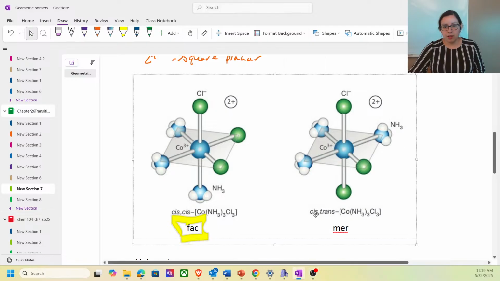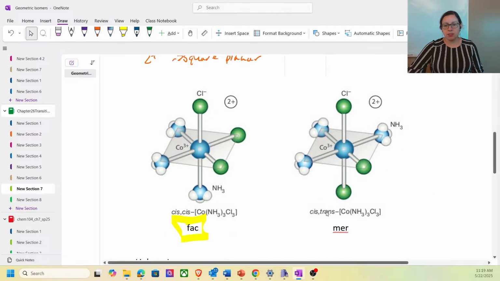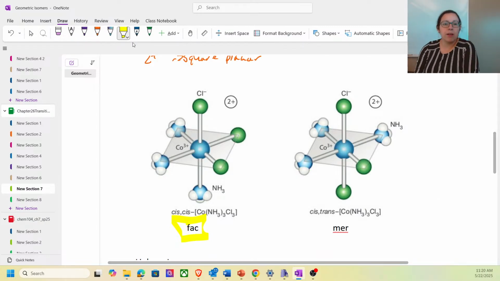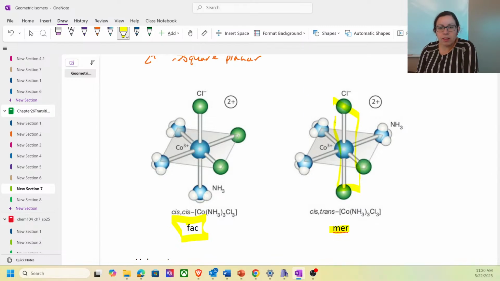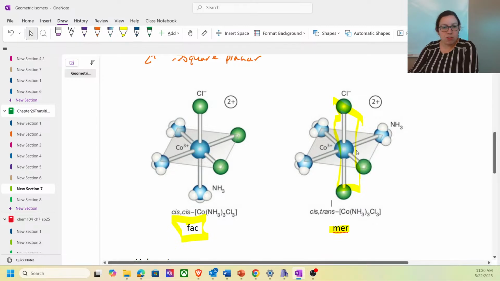Your book refers to it as a cis-trans isomer, so you can see how they got that name, one is cis, the other is trans. But I have not seen that terminology in my experience, and instead they're usually referred to as the MER isomer. You can tell because they're all on the same plane, so you can draw a plane between all three of the same substituents.